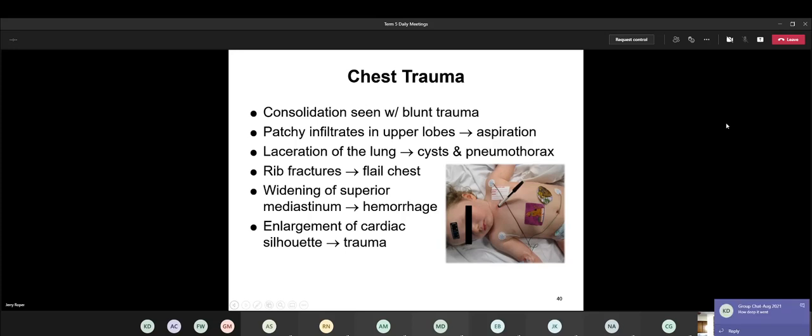And then if the blunt force trauma was severe enough, it could have probably cracked the ribs and caused some rib fractures. And then the child ends up with the classic flail chest situation. And then if you look at the X-ray and you see that the heart looks to be a whole lot larger, that's just a natural response to injury.